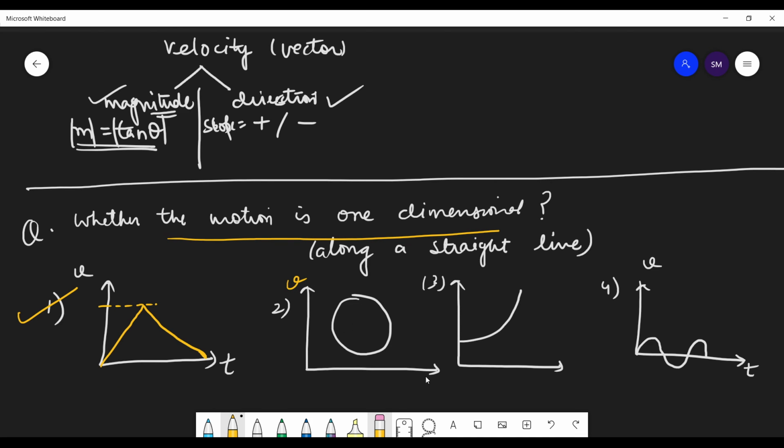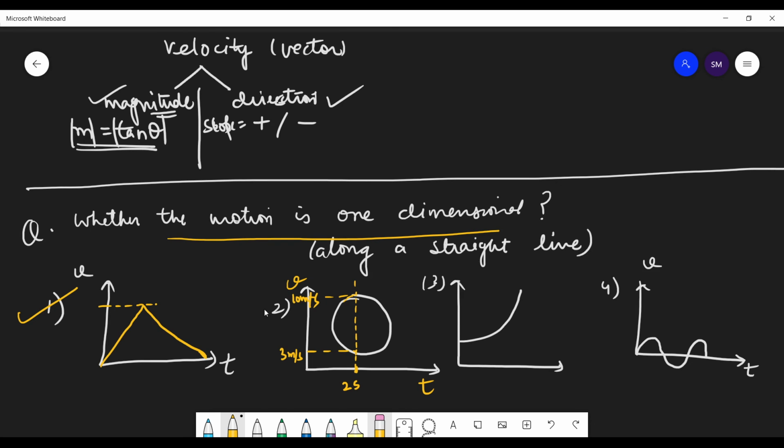See what happens in this graph. Is this a realistic situation? Suppose this is 2 seconds. At the time 2 seconds, can an object have two velocities? Is it possible? No, sir. Can it have the velocity 3 meter per second and 10 meter per second at the same time? No, sir.